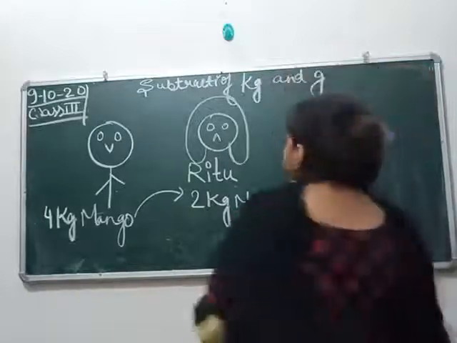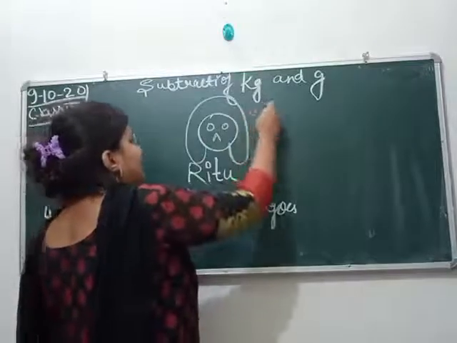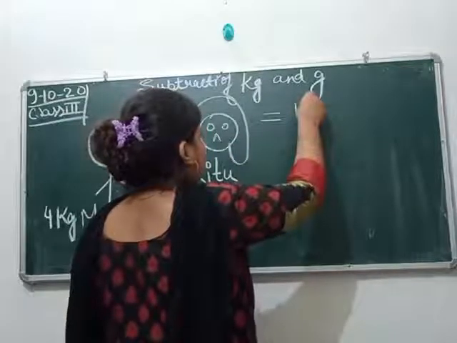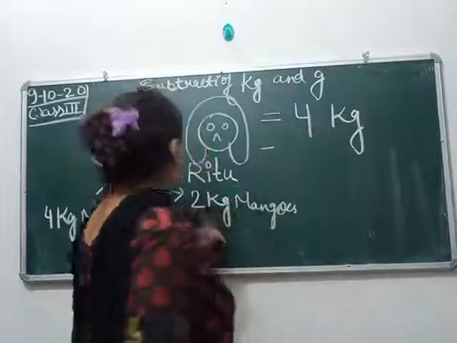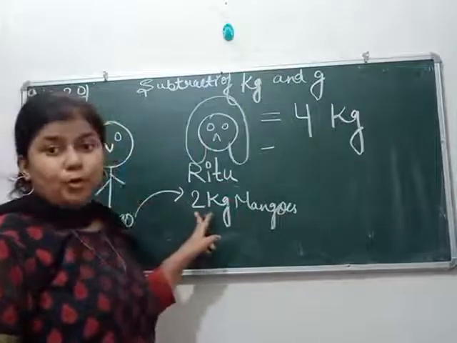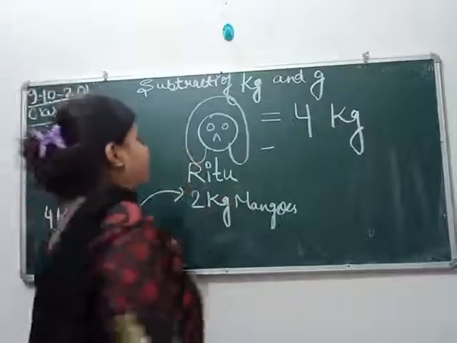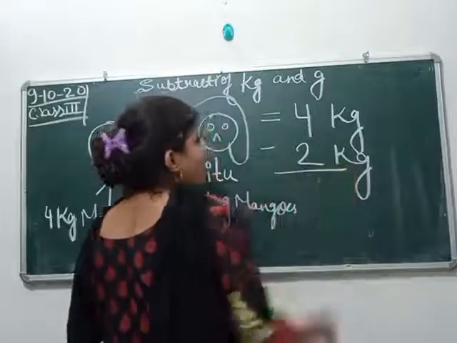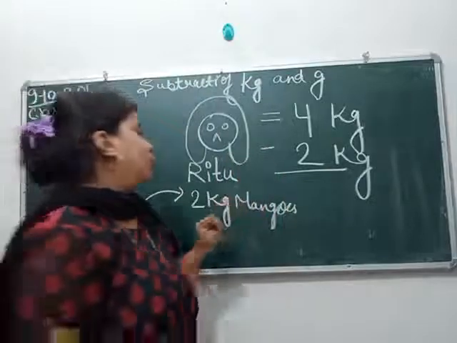Total amount of mango Ram has is 4 kg. And how much has he given to Ritu? 2 kg. So what we will do? We will subtract. Now 4 minus 2 we will get 2 kg.